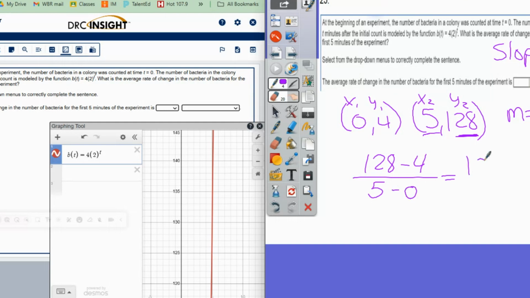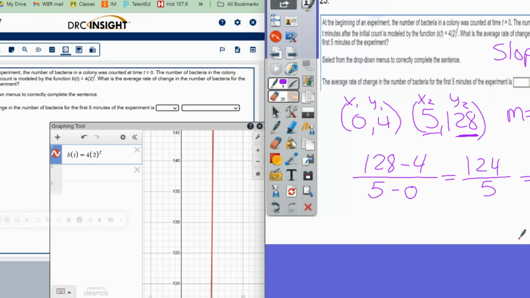That gives me 124 over 5, and I want to try to simplify that, or divide that, actually. 124 divided by 5 is 24.8. So now the only question we need to figure out is what this rate of change is saying.